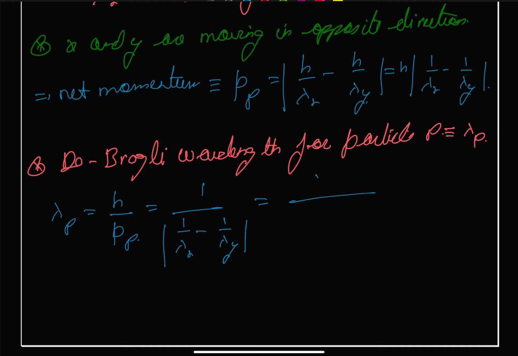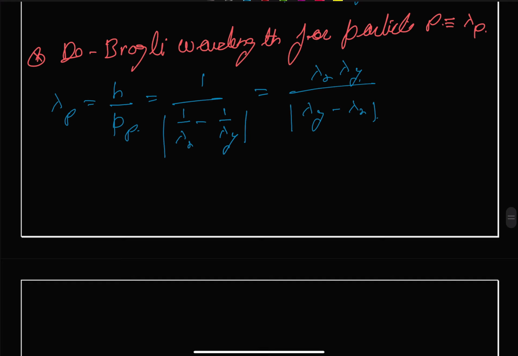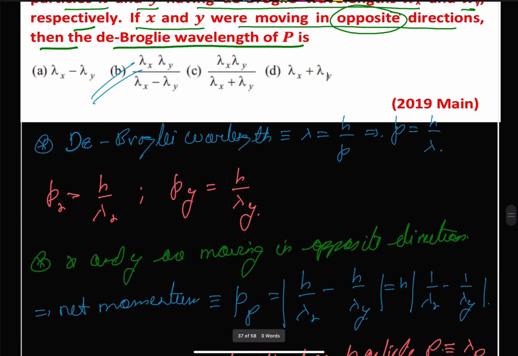So this comes as lambda x lambda y divided by lambda y minus lambda x, and its magnitude. Therefore, the option B will be correct.